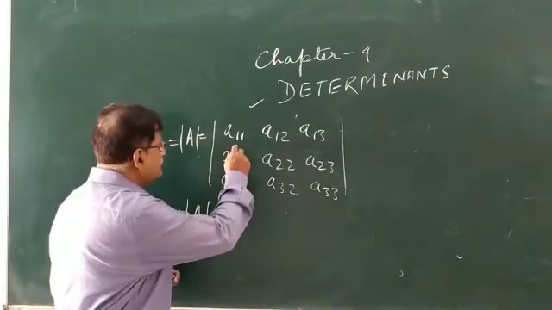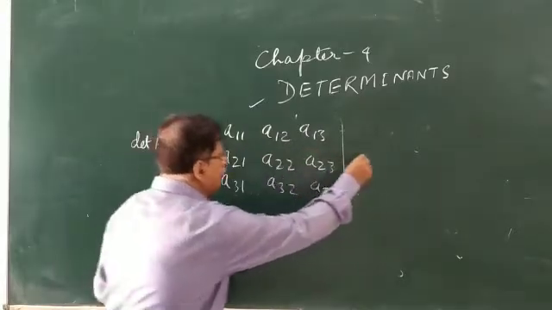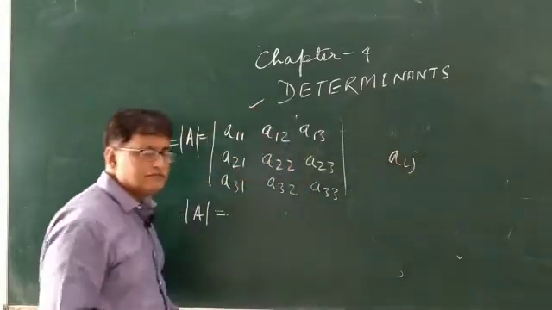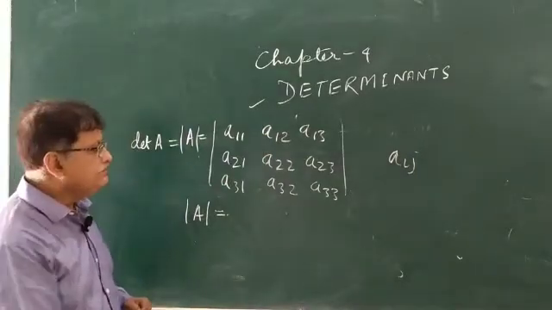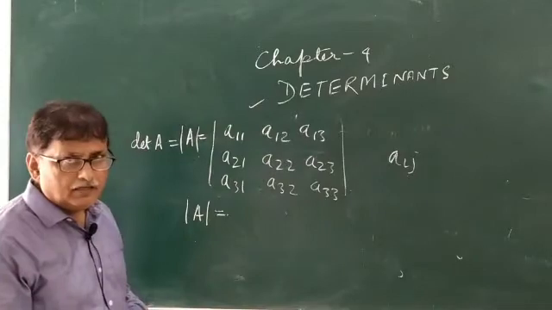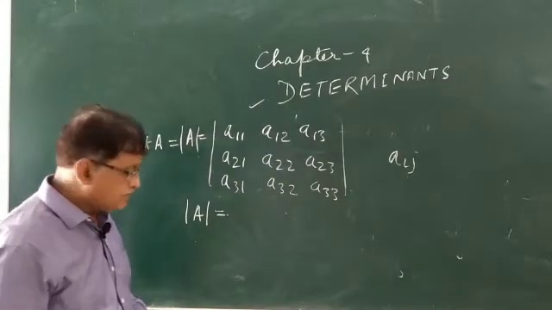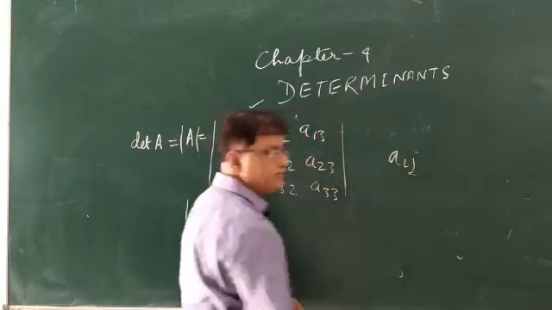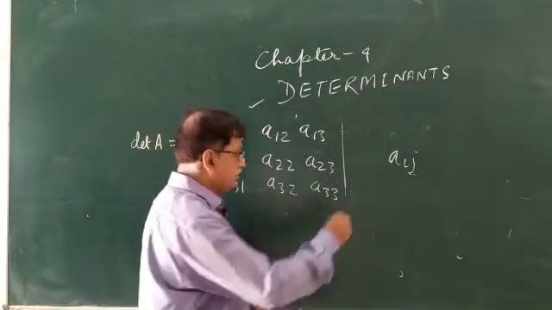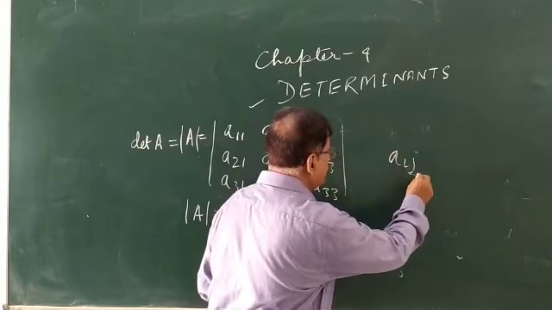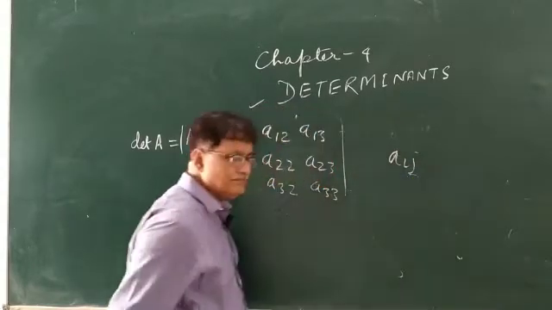And what is the position of this element ij? If it is written aij, that is the element of a determinant. So i represents row and j represents column. So the position of this element is ith row and jth column.